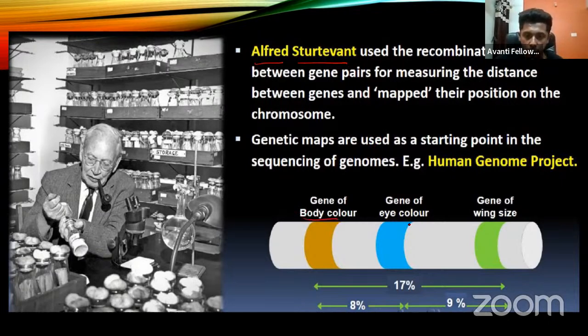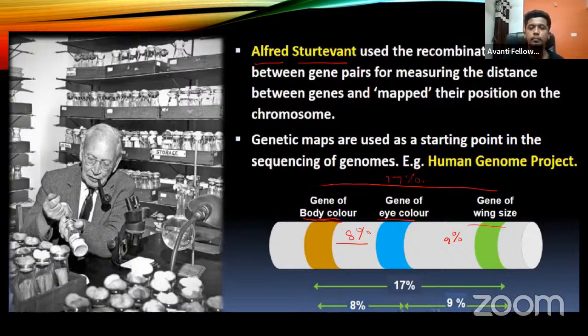For example, body color and eye color: look at the relative position, they're very close to each other. So when you look at this closeness, they promote only 8% recombination. Whereas the eye color and the wing size can promote up to 9%. That means the distance is larger between eye color and wing size. When you compare the body color and the wing size, they were promoting up to how many percent of recombination?